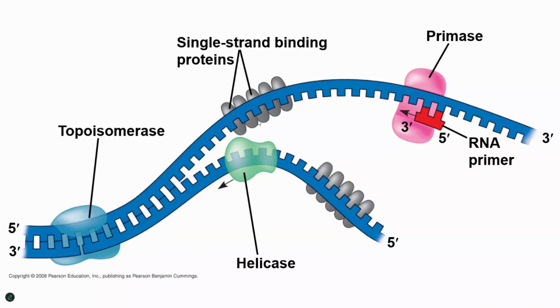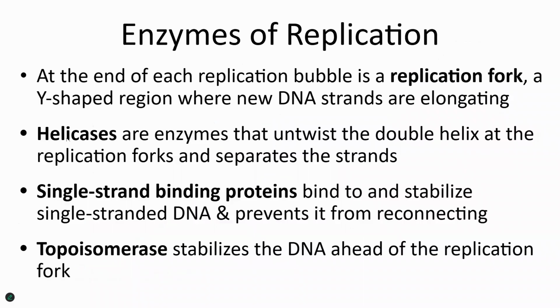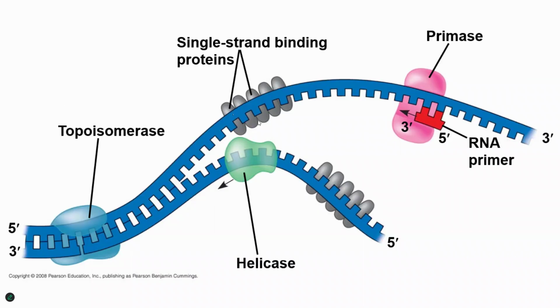It would hydrogen bond back if it were allowed to come into contact with each other. So the single-stranded binding protein is needed to keep the two strands apart. And then the topoisomerase here is going to stabilize it ahead of the helicase, and that allows the helicase to unzip the DNA molecule.